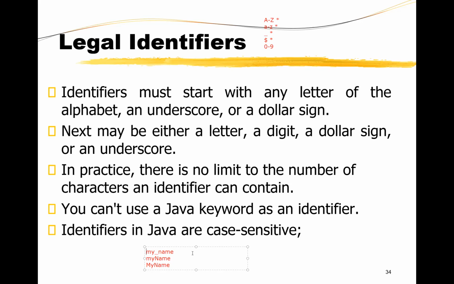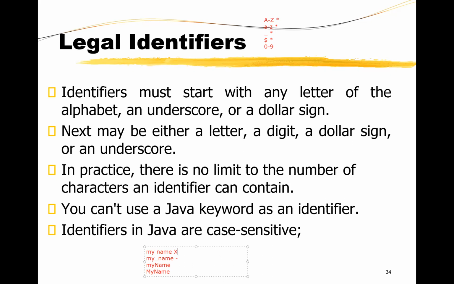Now doing this, we call it using underscore, because you can't have it like this, my space name. That is not allowed. Why? Spaces are not allowed. Therefore, you will get an error.